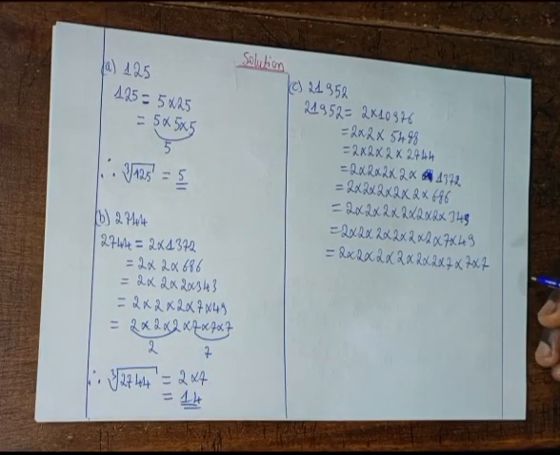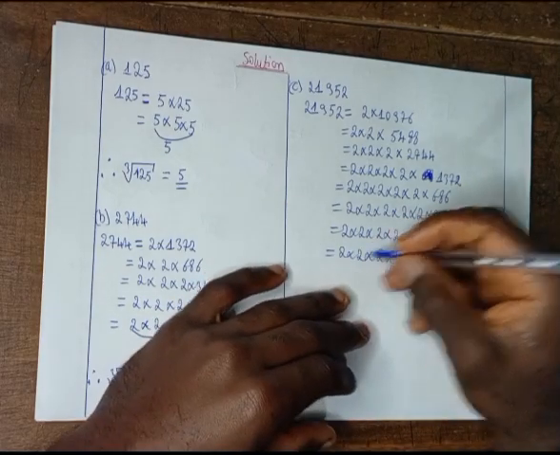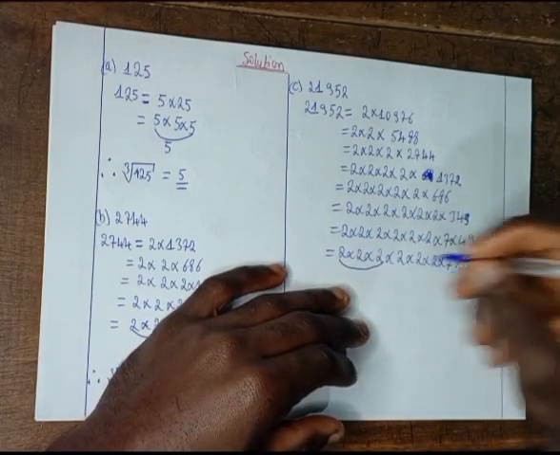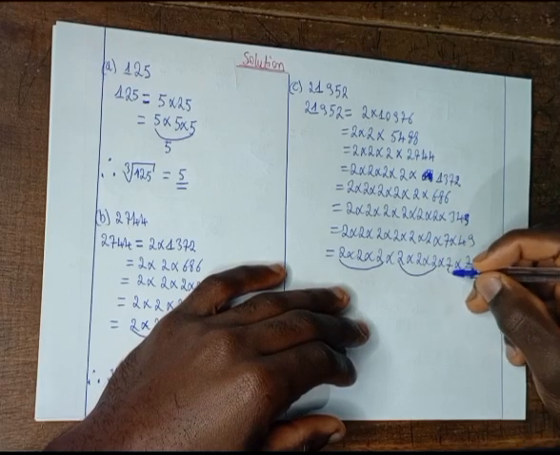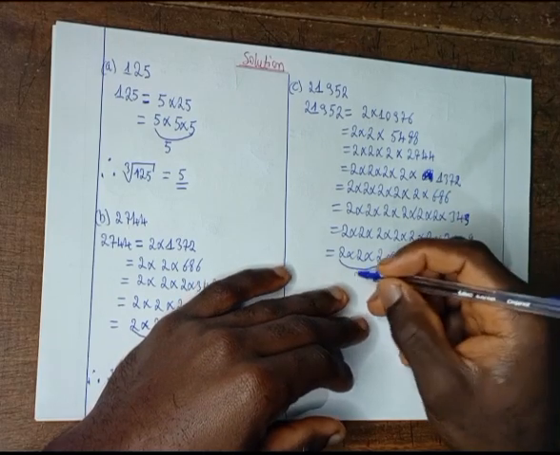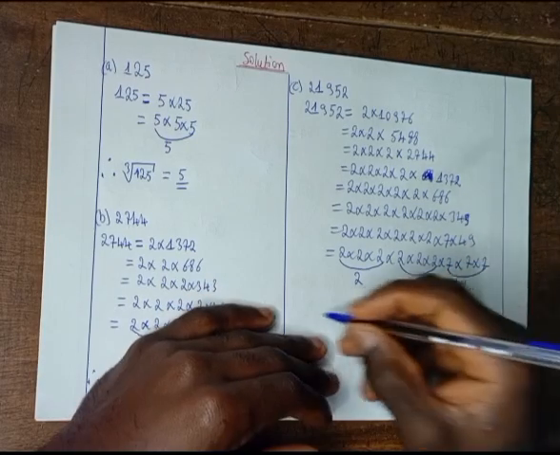Next, we are going to group the prime factors in groups of 3. This is the first group, this is the second group, and this is the third group. So here we are going to extract 2. Here we extract 2. Here we extract 7.